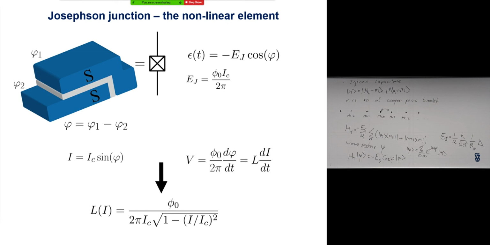And if I take the critical current of the Josephson junction and take it to infinity, then this is just a constant inductor. But if the critical current is finite, which is typically the case, it can be anything from nanoamps to microamps, then you get a nonlinear inductor. And now you can understand where we get some nonlinearity.